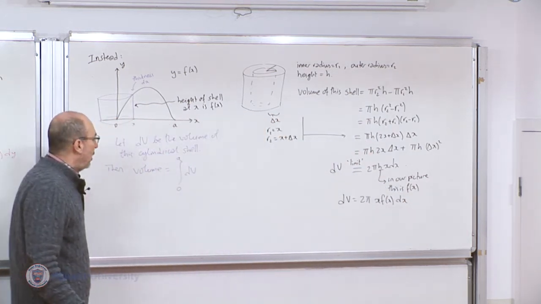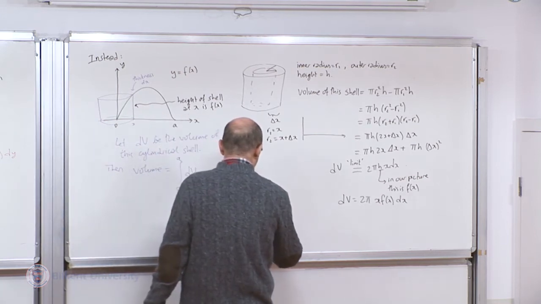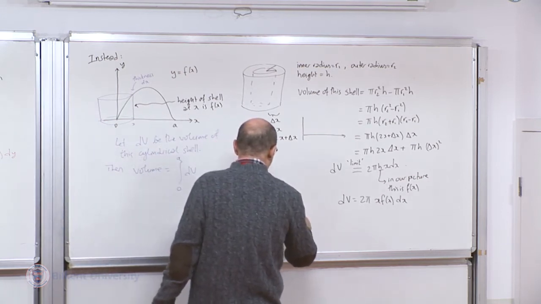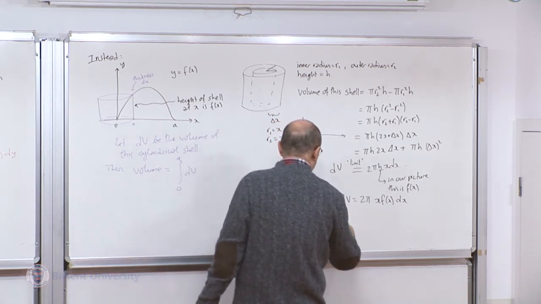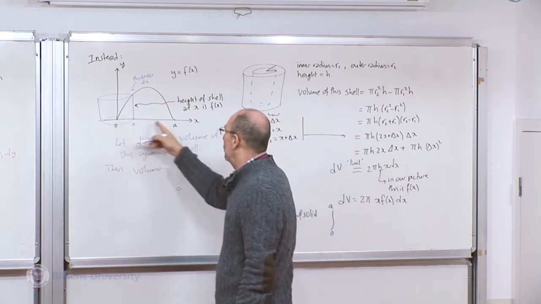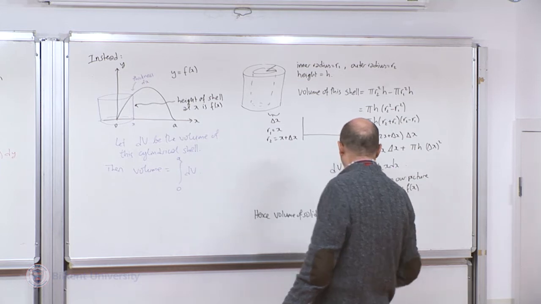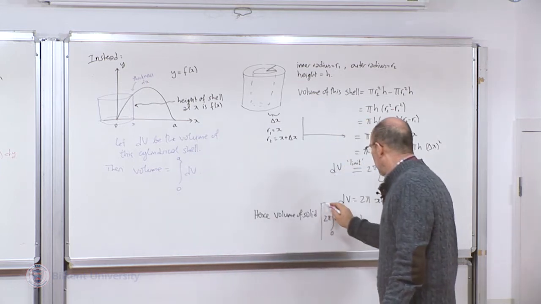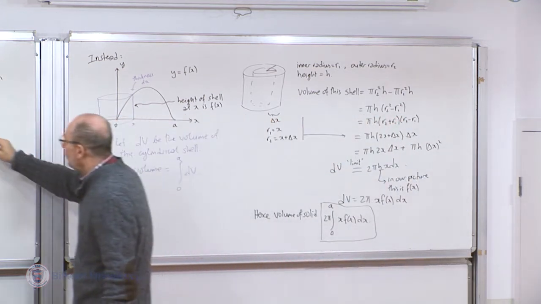Hence, the volume of the solid is the integral of this from 0 to a in this picture. And I have, let's take 2 pi out, 2 pi integral of x f of x dx. So we compare this formula with the formula here.